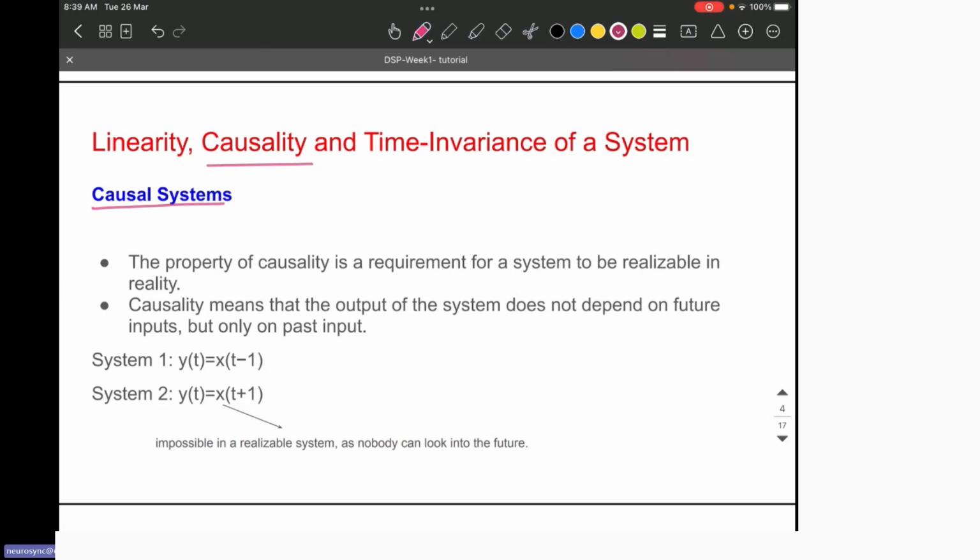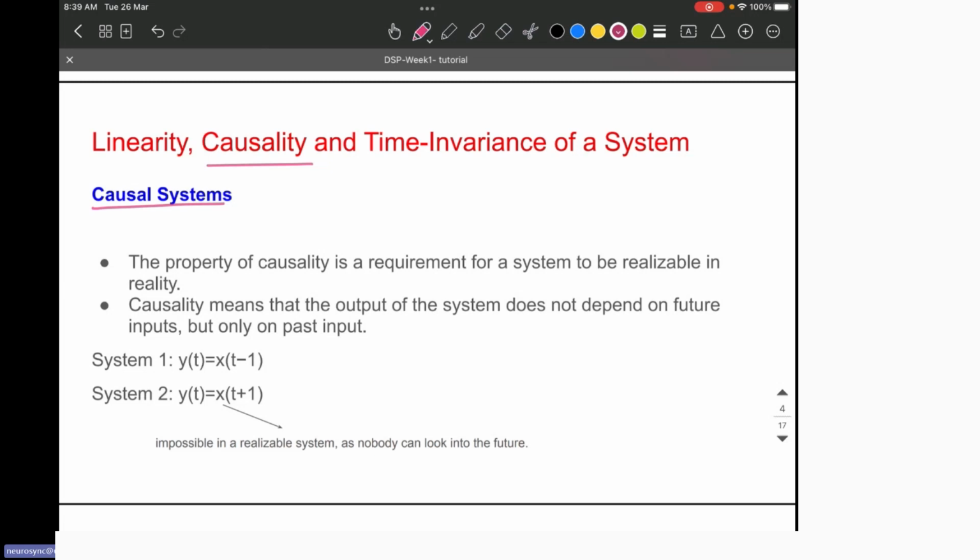Now, what does causality mean? Causality means that the output of the system does not depend on the future input, because in a real system we cannot find out the future inputs. The output from the future input is not realizable in reality.